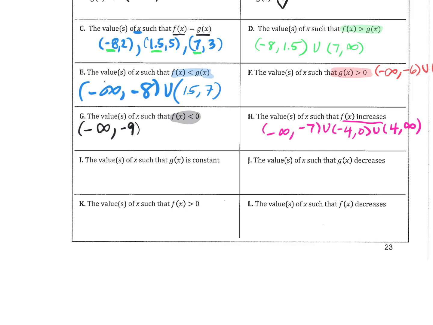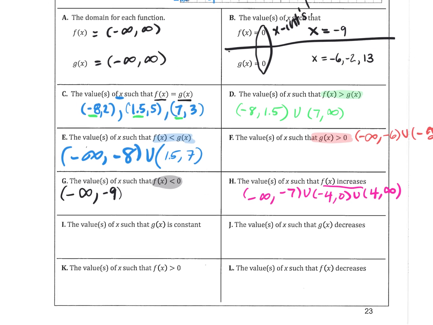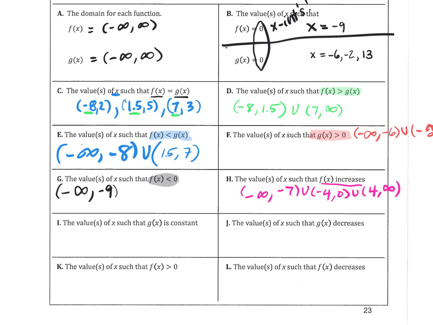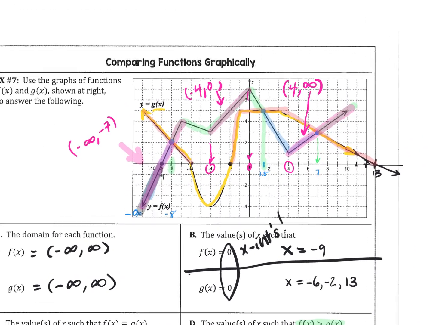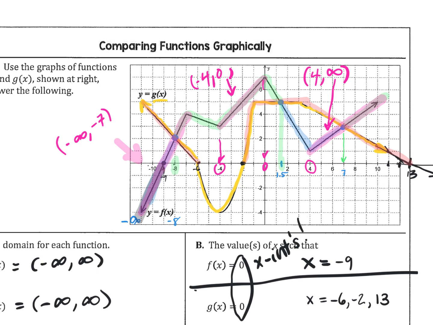Where is g of x constant? What does it mean for something to be constant? What does constant mean? Doesn't change. Stays the same. So the y value is not changing, so that makes it flat. So where's the only place where either one of these is flat?